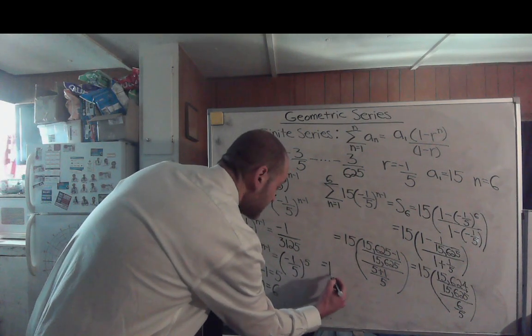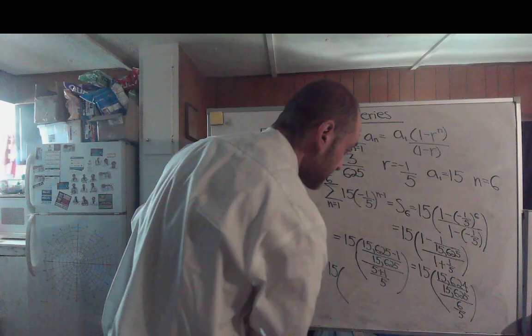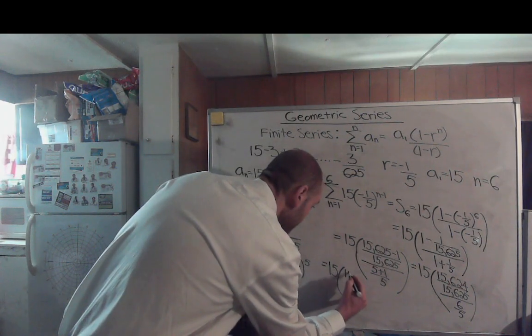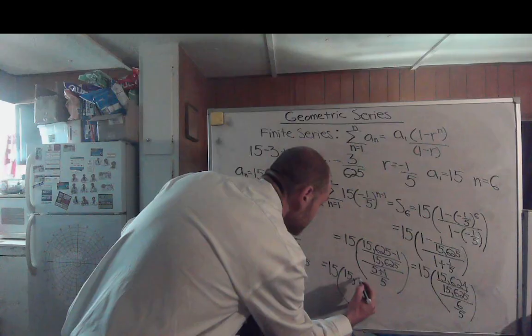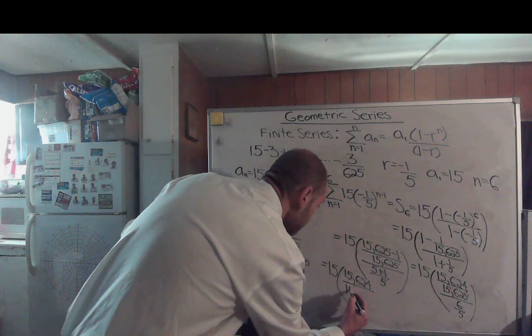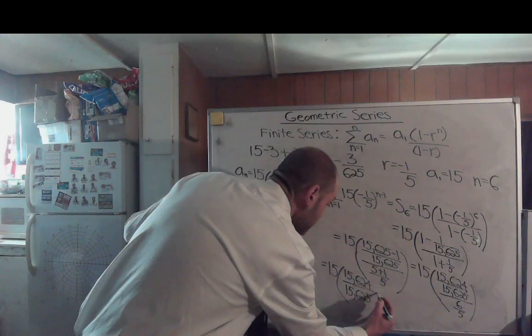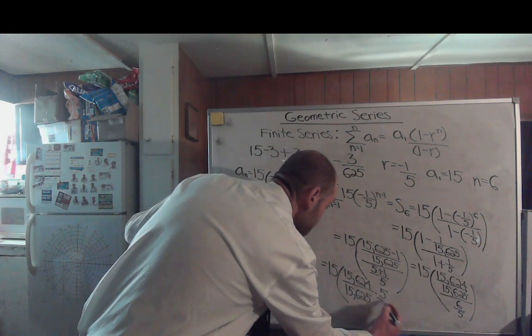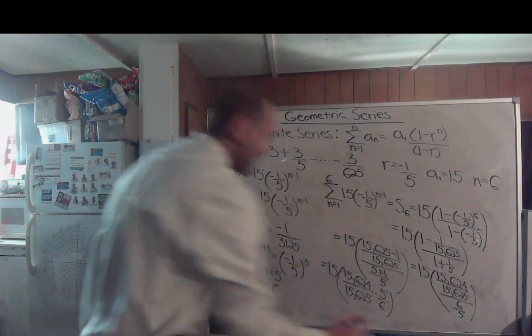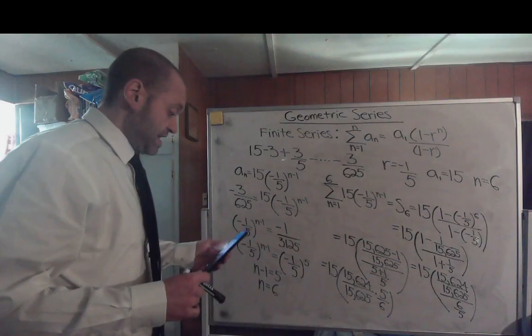So that's going to equal 15 times, we're going to invert and multiply this complex fraction. You'll have 15,624 over 15,625 times that 5 over 6. We can make this not so bad now.